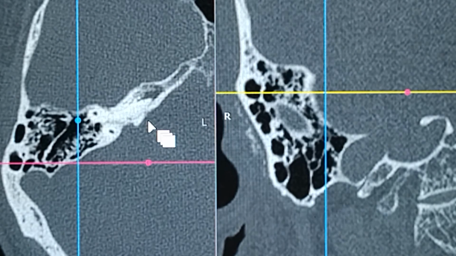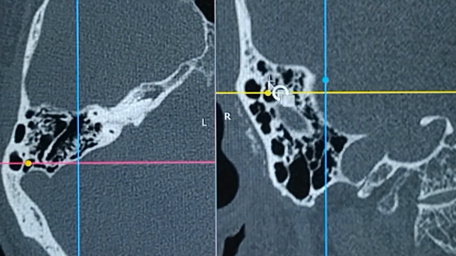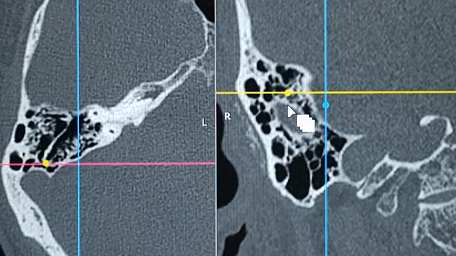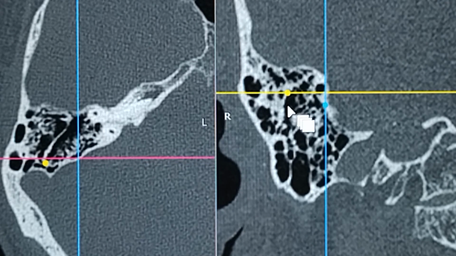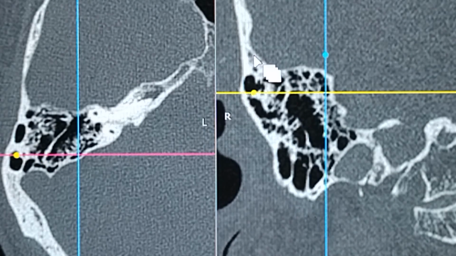So anterior, inferior and medially. Now if I'm going anterior, see I'm going anteriorly now. So it is coming anteriorly, medially and inferiorly. So this is the tegmen plate. You can see it's coming medially, anteriorly and inferiorly.